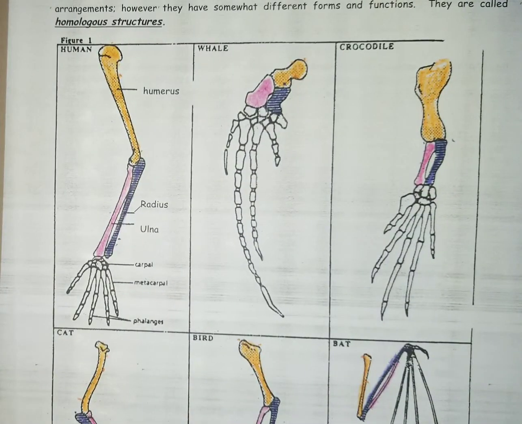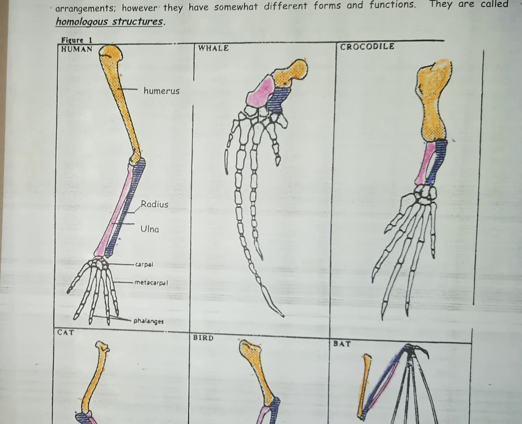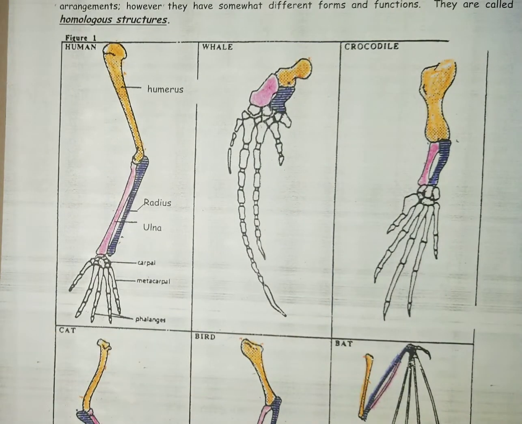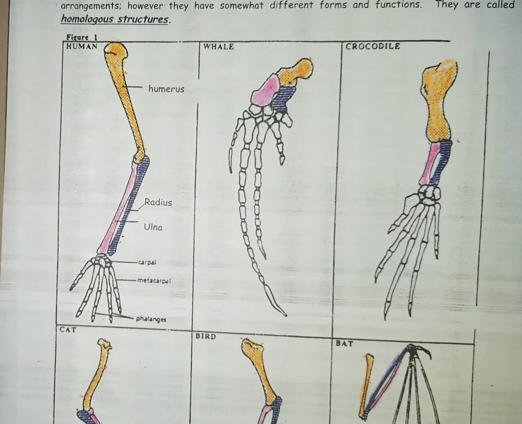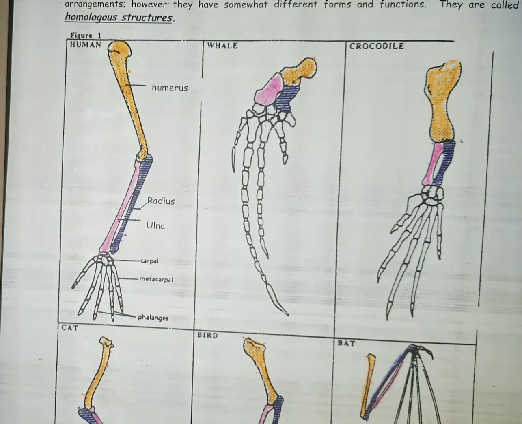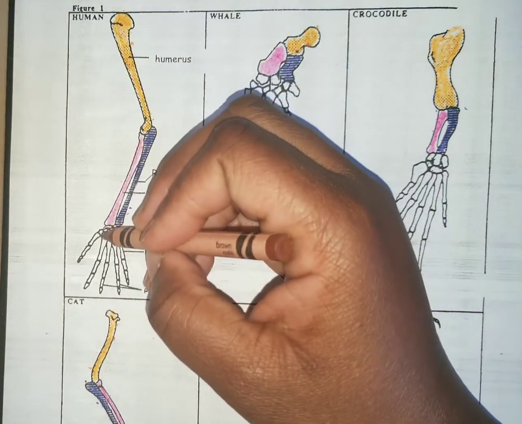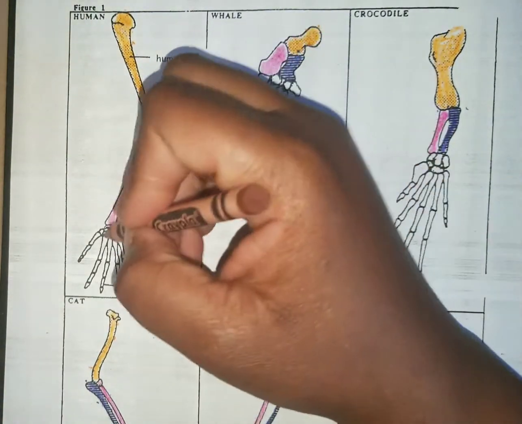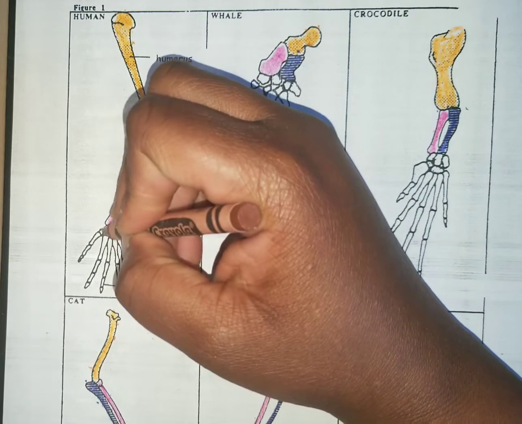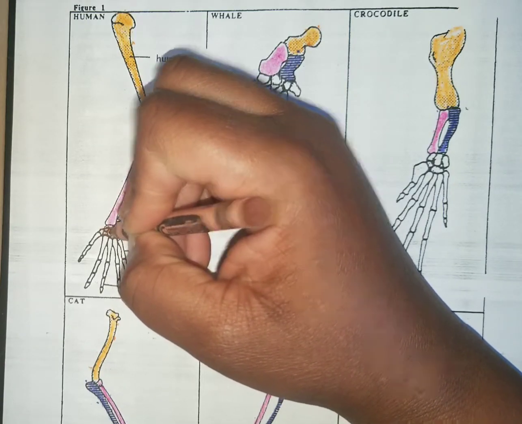Now we have the carpals. The carpals are some little circular bones. What color am I gonna pick? We already used red, we already used orange, we already used blue. I'm gonna use brown. So the carpals are these circular bones right here, basically the wrist area. I'm gonna color all of these brown.